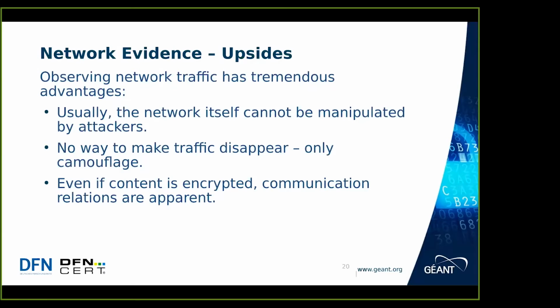The network traffic itself cannot be made to disappear, as an attacker might be able to pull off with, say, a rootkit on an owned machine. But if the attacker needs to talk to some other instance on the outside, then there will be network traffic. There cannot be no network traffic if communication actually takes place.